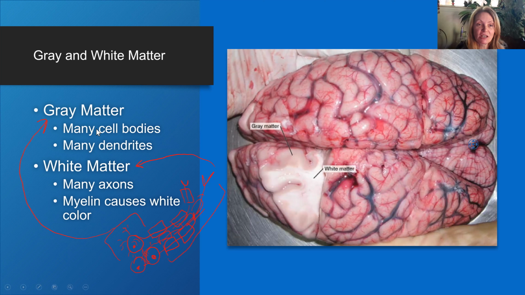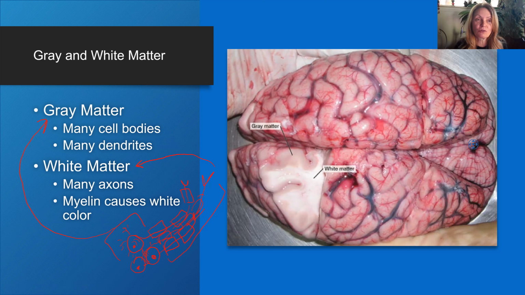That's how we differentiate between gray and white matter. Gray matter is an accumulation of many cell bodies and dendrites, and white matter is axons covered by myelin.